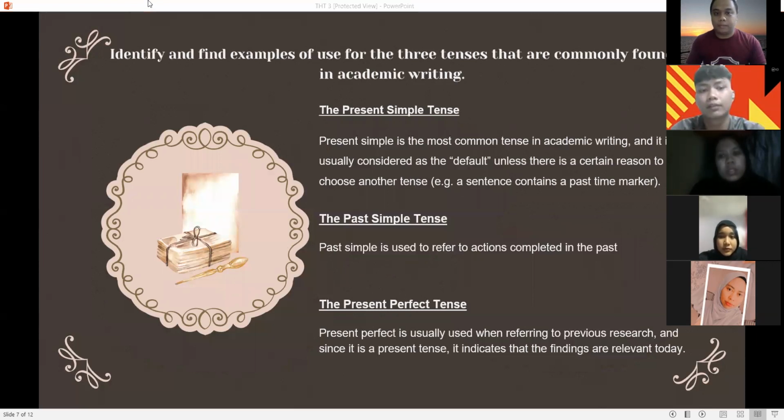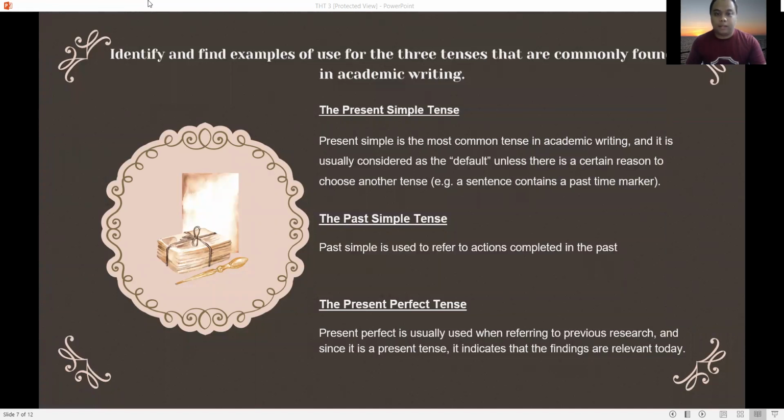For the next part, okay, identify and find examples of use for the 3 tenses that are commonly found in academic writing. So the first one is the present simple tense. Present simple is the most common tense in academic writing, and it is usually considered the default unless there is a certain reason to choose another tense, such as a sentence containing a past time marker.